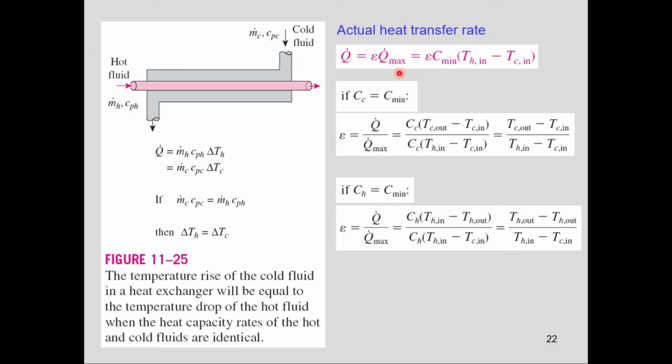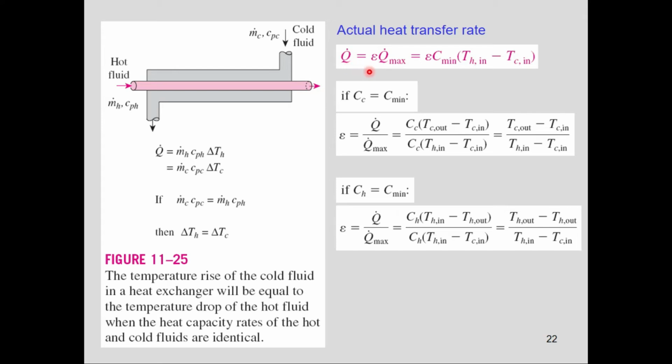We have just determined the formula for Q max in the previous slide, which is C min multiplied by delta T max, the maximum temperature change, which is the difference between the inlet of the hot fluid stream minus the inlet of the cold fluid stream. So by using this formula, we can have the value of the actual heat transfer rate.